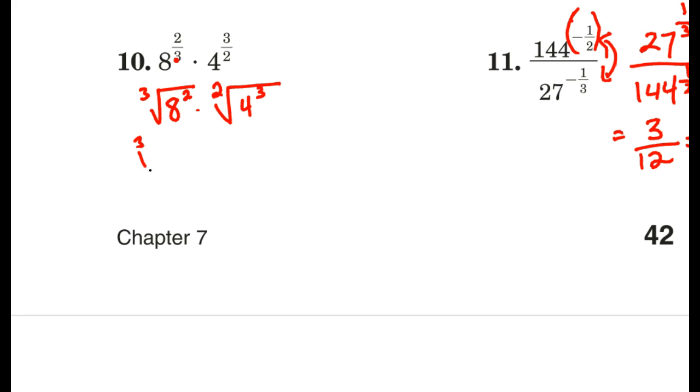What's the cube root of 64? And what's the square root of 64? 4 times 4 times 4 is 64. Yeah, so what number times itself 3 times is 64? 4. Cube root of 64 is 4. What's the square root of 64? 8. So the answer is 32.